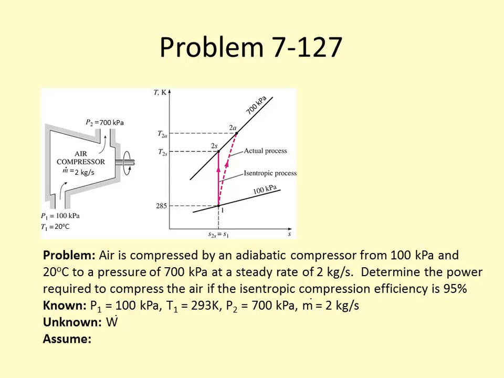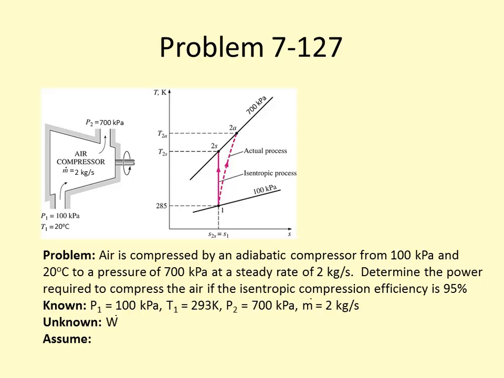When we determine the isentropic work, what else? Ideal gas. Okay, that's what I was waiting for. So air is an ideal gas. That will be important to us later.